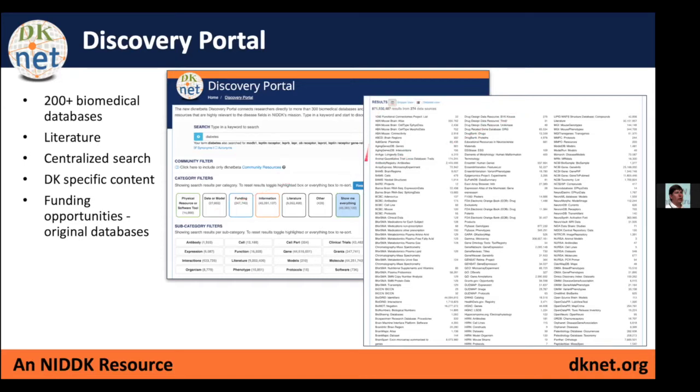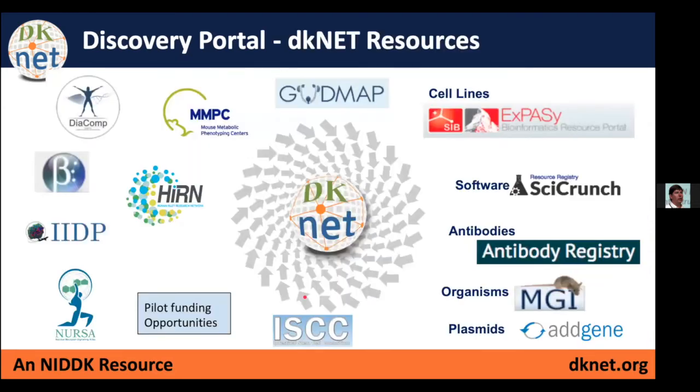The results themselves are then laid out in a list of all the online resources that might have that information available to you. And when you actually go into here, you'll click through to a page showing various results.